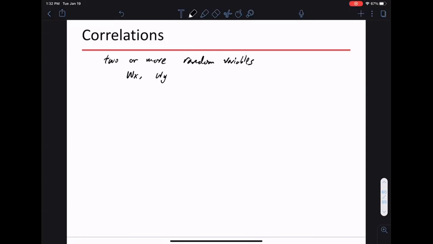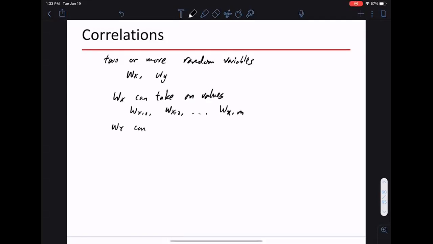Right. So for two of them, what I really have is a matrix table. Let's say Wx can take on values Wx1, Wx2, up to Wx M. I have capital M of these values it can take.